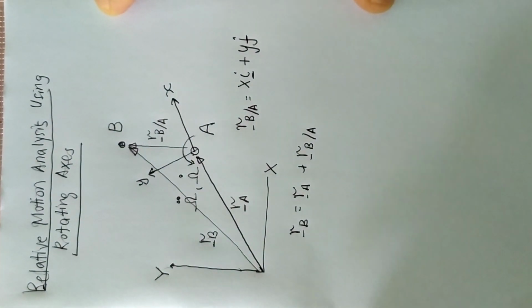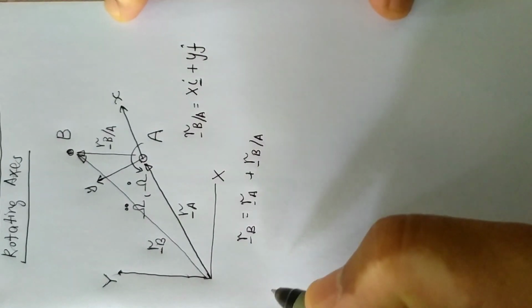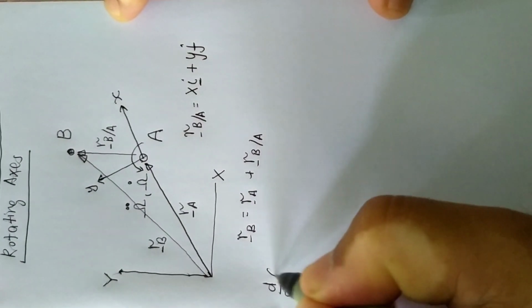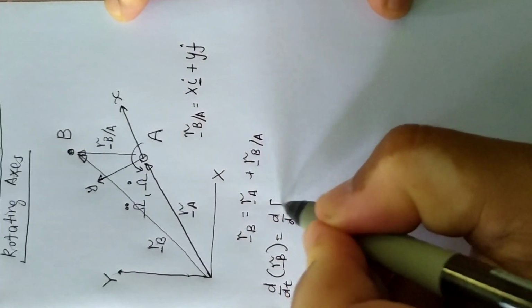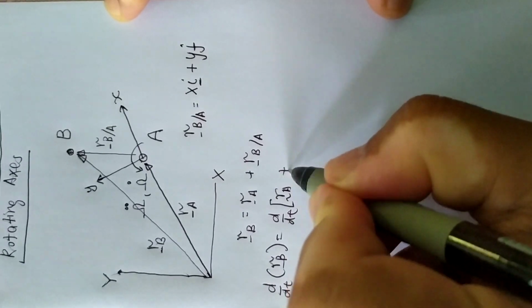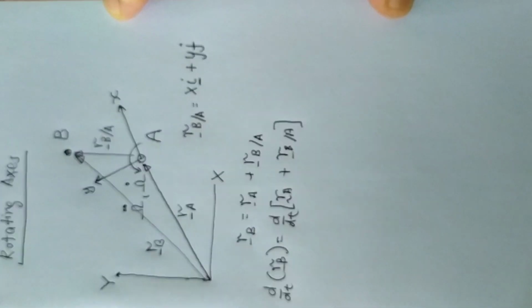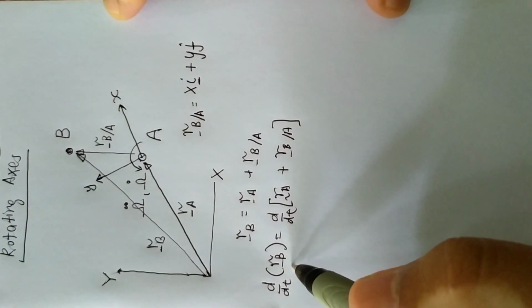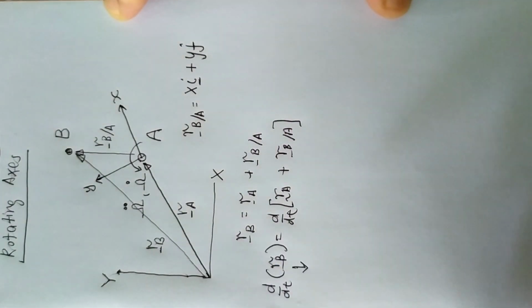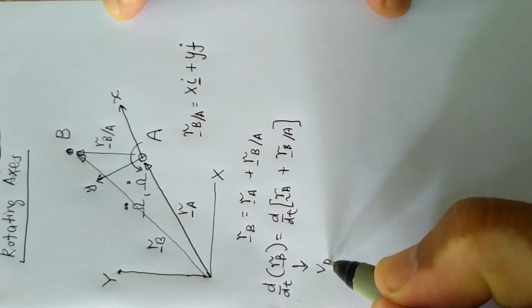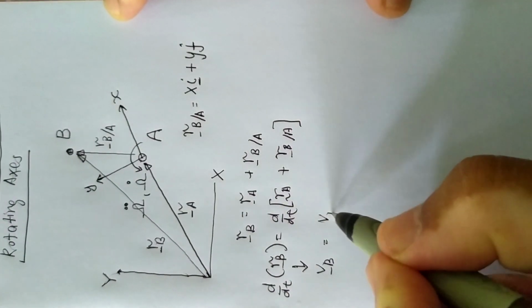If we differentiate the position vector, we get d over dt of position vector B equals d over dt of position vector A plus d over dt of position vector B relative to A. Position vector B is fixed to the global, so this is VB, and position vector A is also fixed, so this is VA.